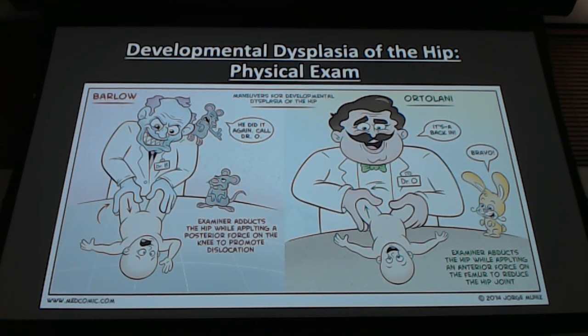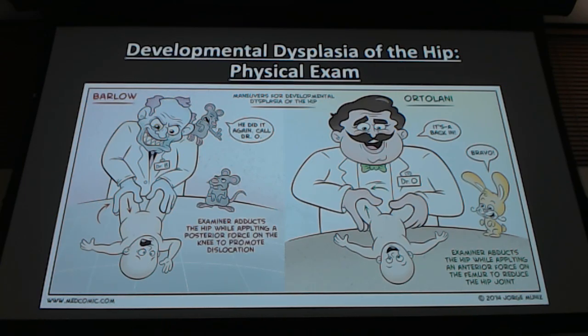So the Barlow, you see how this is abducting the hips together? The hip is flexed to 90 and the knees are flexed to 90. They're bringing the knees together and they're pushing down and back, trying to dislocate the hip out of the acetabulum. So you're trying to actually dislocate them.